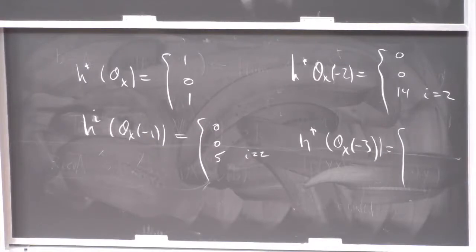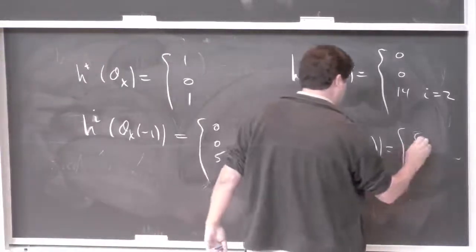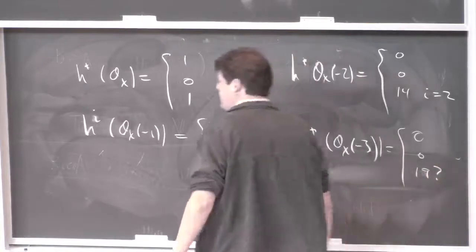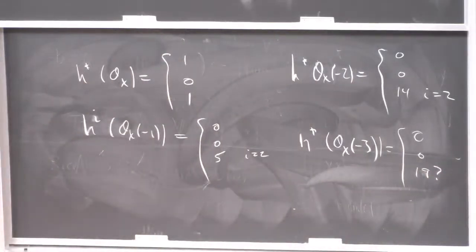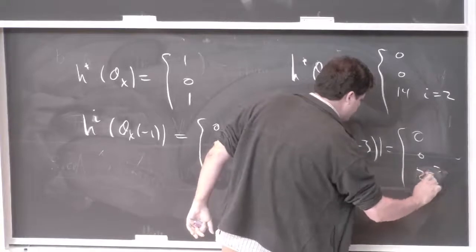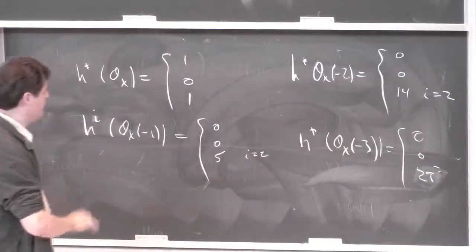Minus 6, I'll have 5. Minus 5, I'll have 1. I believe this is 19. Sorry, let me just double check a little bit better. No, sorry, 29. So you play the same game with O minus 3, and you'll get 29 here, if I'm not making a mistake.